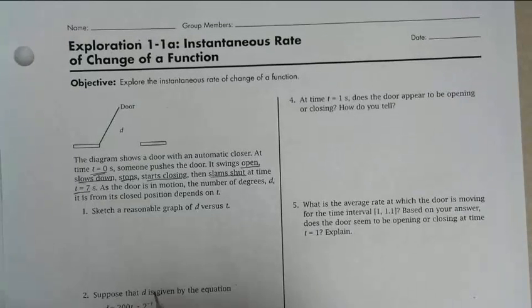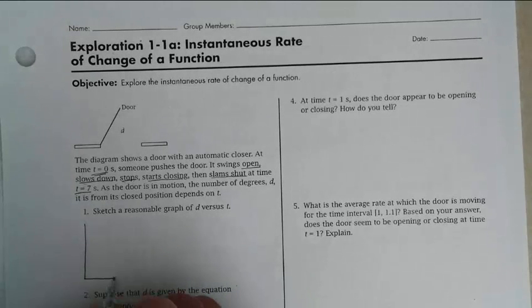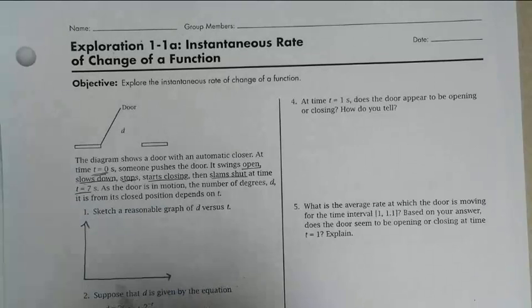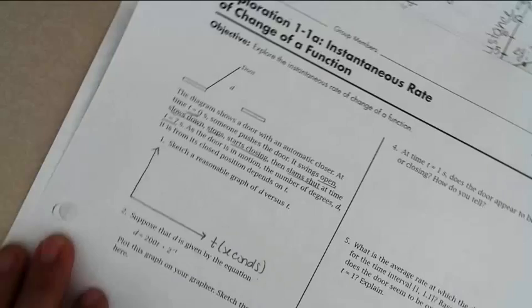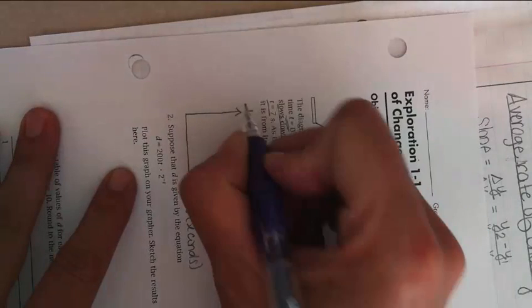All right, so I'm going to first sketch my graph with my two axes. We have t, which is going to be in seconds. And then my vertical axis will be d.